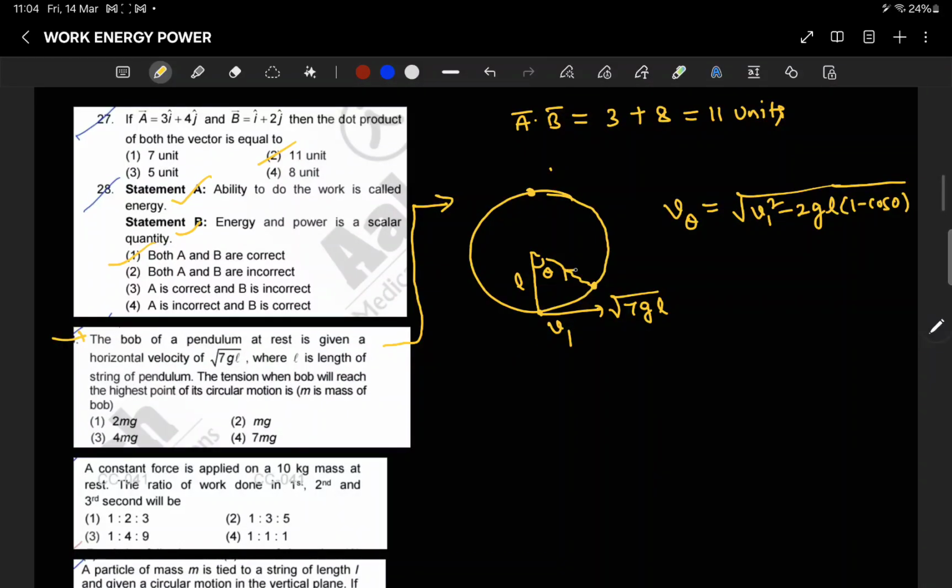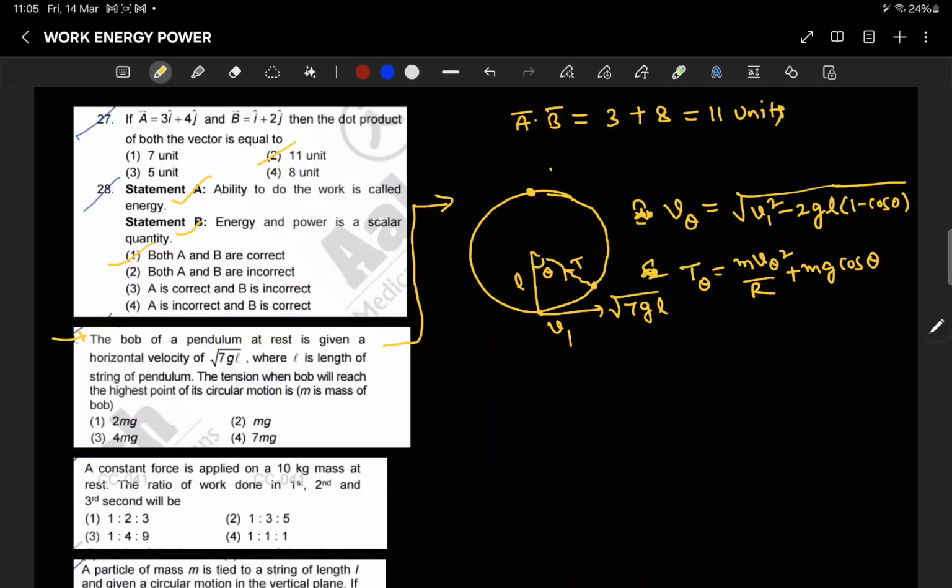This is the expression for speed or velocity at any instant. What is the tension at any instant? Tension force T theta equals m v theta square by r plus mg cos theta. This is the expression for tension at any instant, students. Please remember these two formulas for vertical circular motion, very very important.